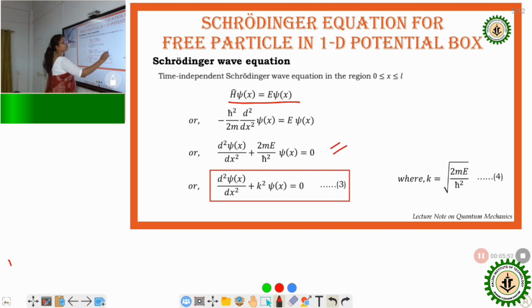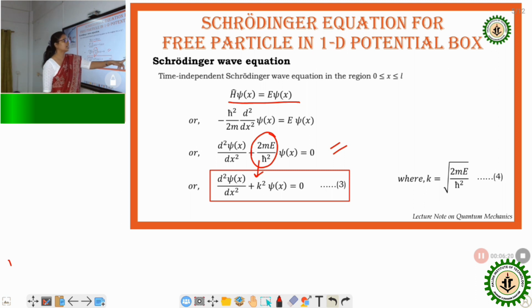Here we are using 2mE by h cut square as k square. So my equation turned as d2 psi of x by dx square plus k square psi of x is equal to 0, where k is this. What is k? Now ask me what is k. K is the propagation parameter.